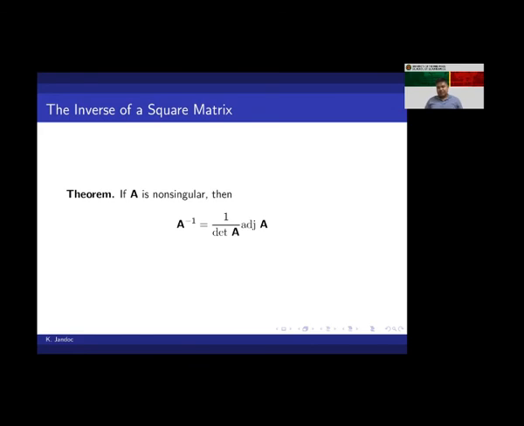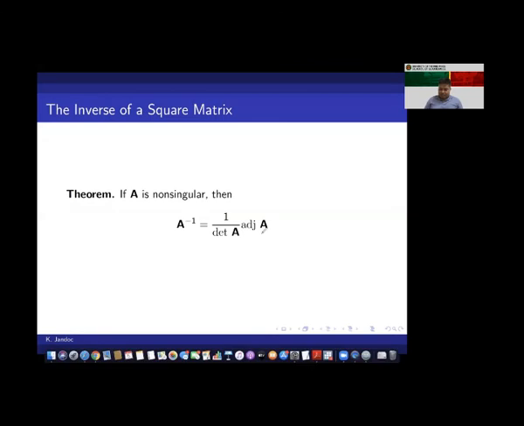You can find the inverse of A by simply dividing the adjoint of the matrix A, each entry, by the determinant of A. So first you look for the adjoint of A, and then each of the entries in the adjoint of A, you divide by the determinant of A. Now this is where the concept of a non-vanishing determinant comes into play.